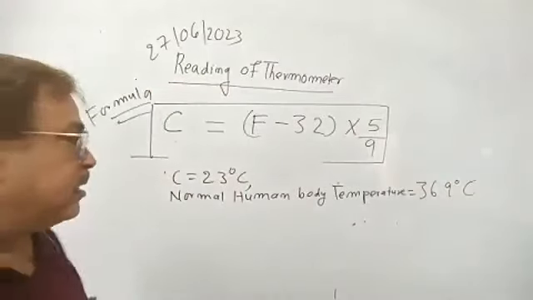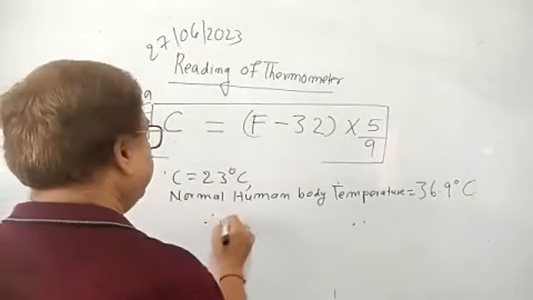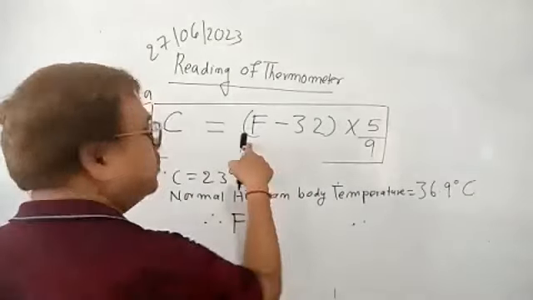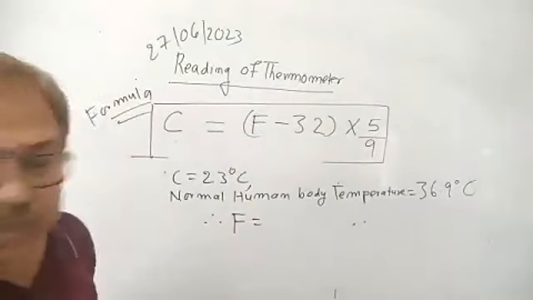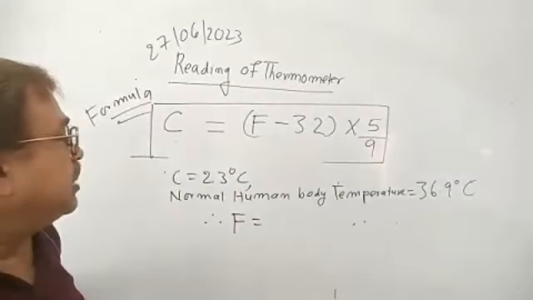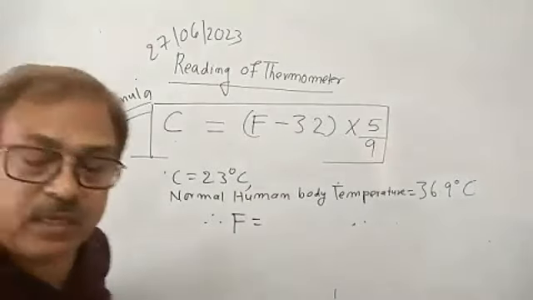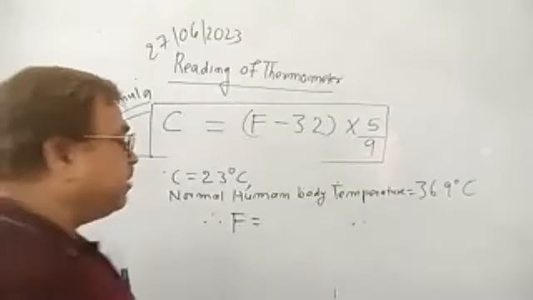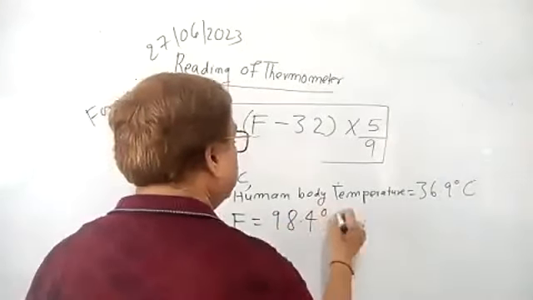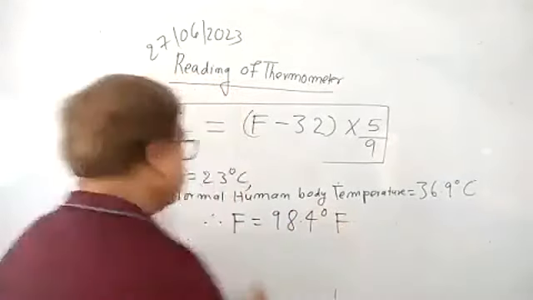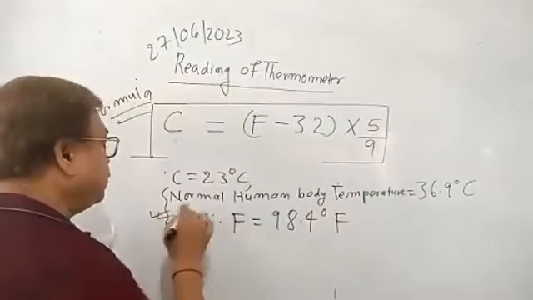If you are converting to Fahrenheit by using this formula, by putting the value of 36.9 in place of C, you can find the value of 98.4 degrees Fahrenheit.